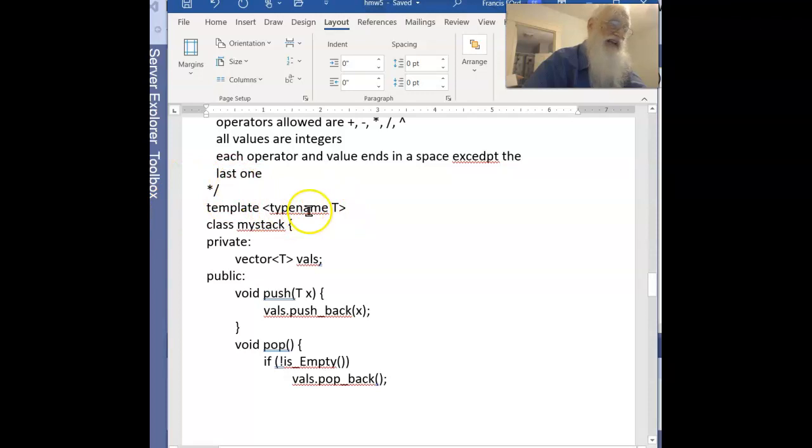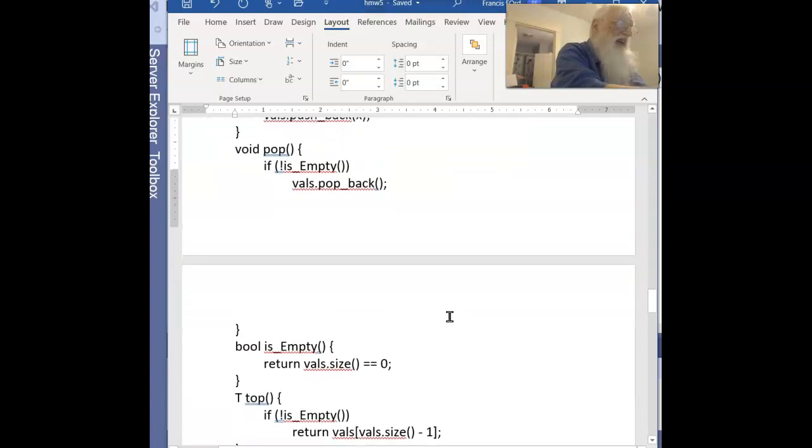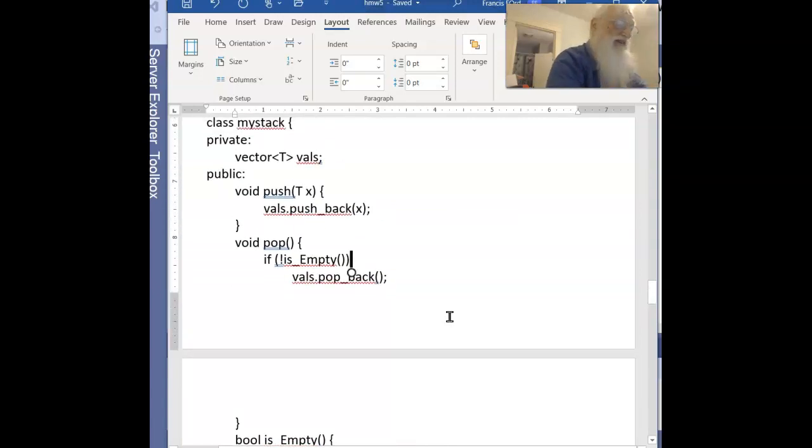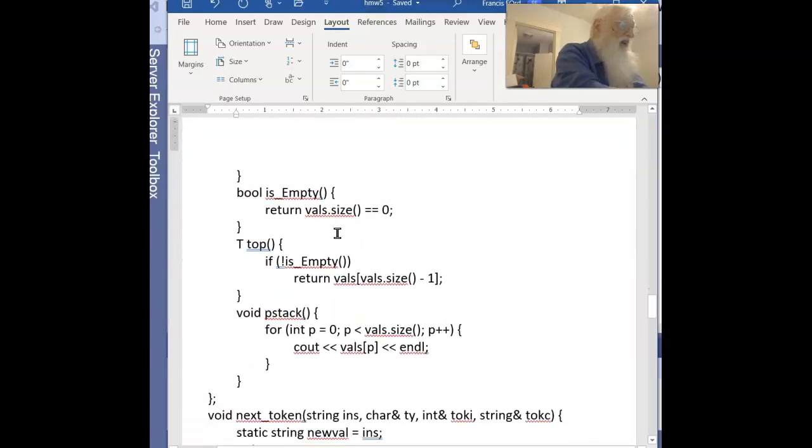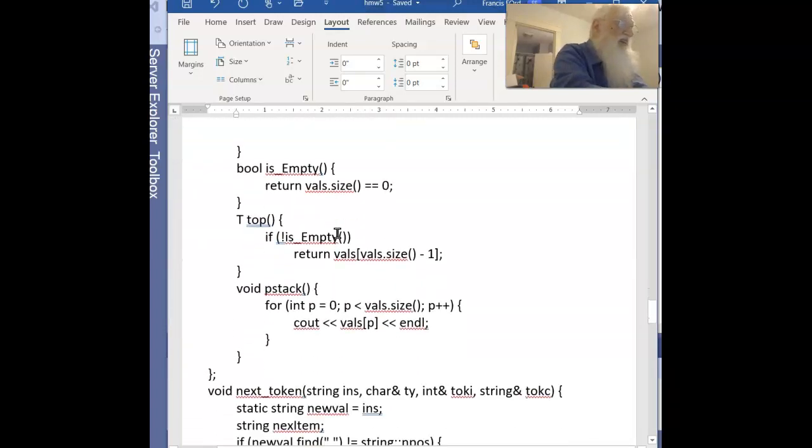Template and typename are reserved words. They have to be there. The T can be any variable. Now that means that everywhere I put char before, I put T. So you see I have a vector of T. Push a variable X of type T. I think that was the only place I had to do it.